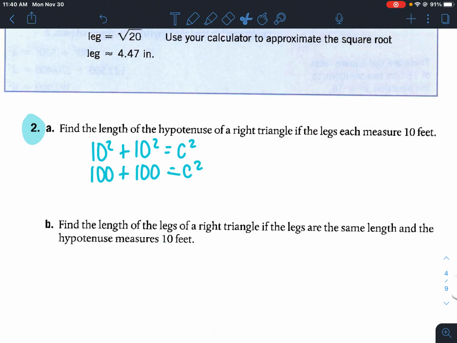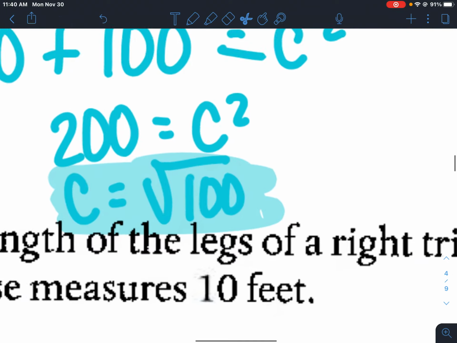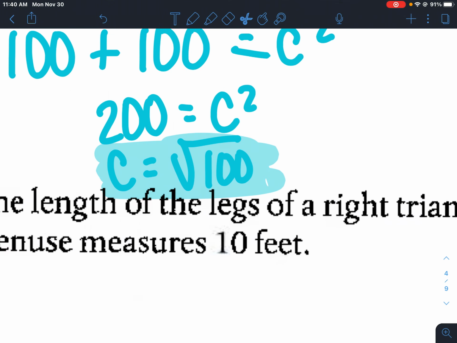So I square the 10s. 10 squared is 100. 100 plus 100 is 200 equals C squared. Now I'm solving for C. So to get C by itself, hopefully you know that I take the square root of each side. And that should actually say 200, not 100. I'm not going to actually take the square root of 200.